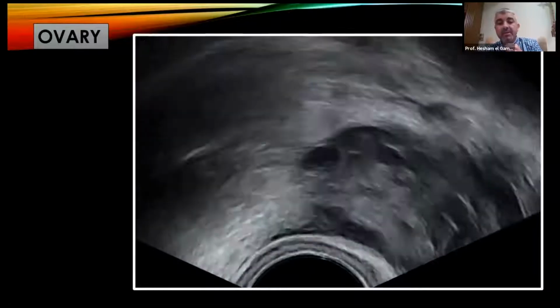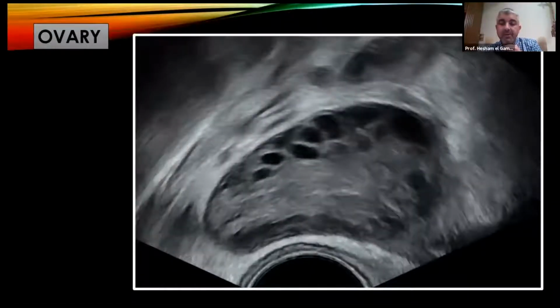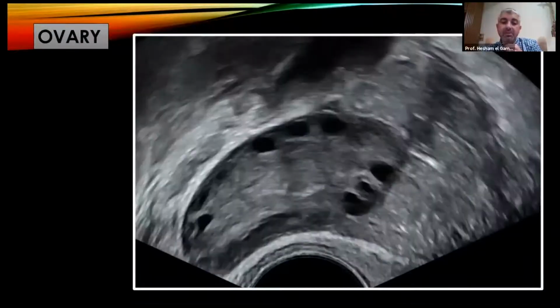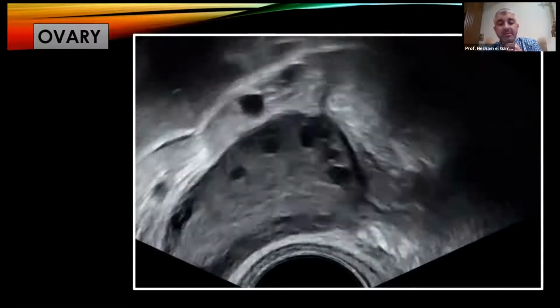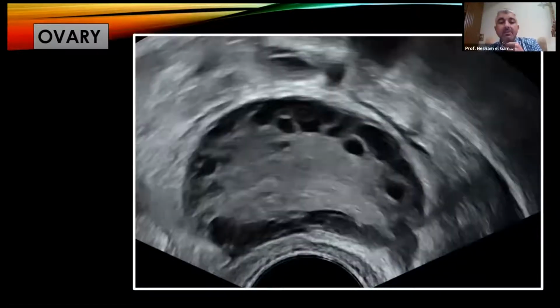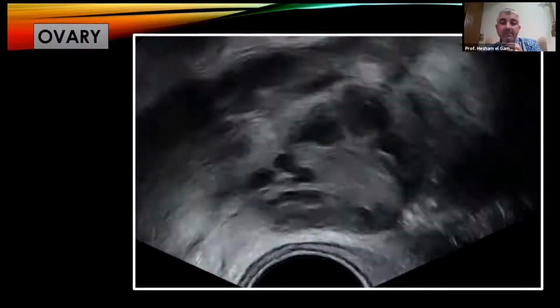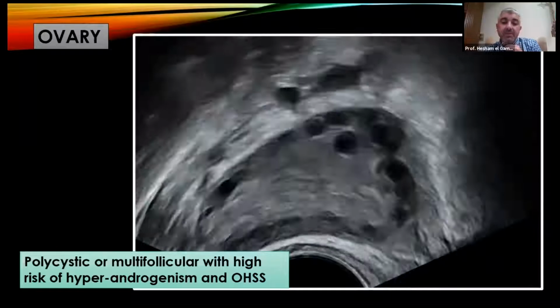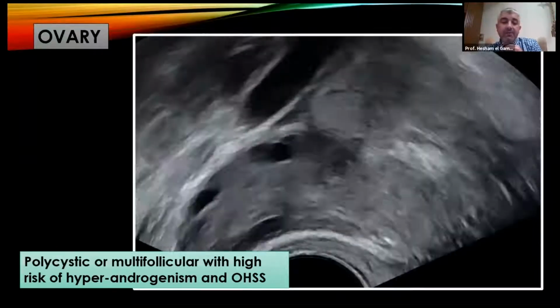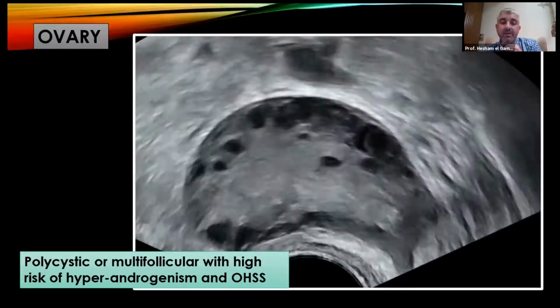A lot of debate is there about the number of follicles that you should count to say that this is a polycystic ovary. Should you call it polycystic? Because patients start to say, oh, I have cysts, I have to get rid of my cysts. It's better to call it a multifollicular ovary with a high risk of hyperandrogenism.